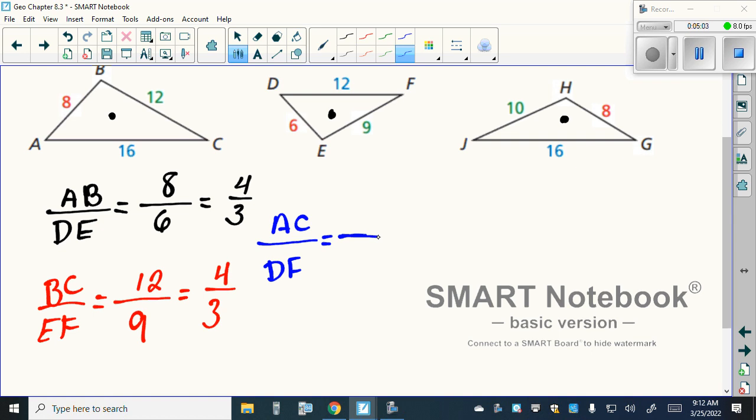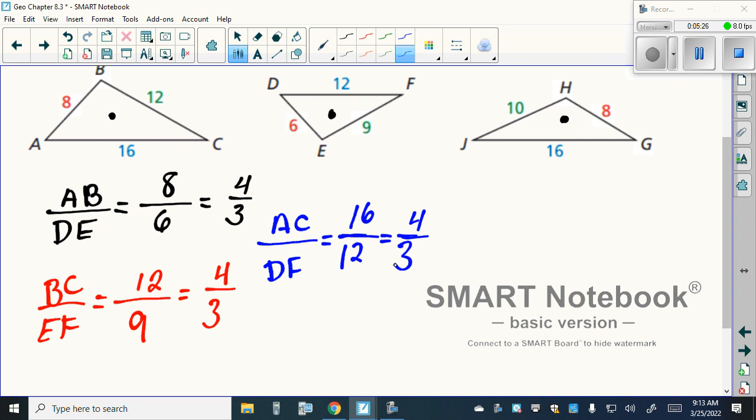Now AC is, and DF is 12, yes? 16 and 12 have a common factor of 4, yes? 16 divided by 4 is, 12 divided by 4 is, do we have the same proportion for all of these here?